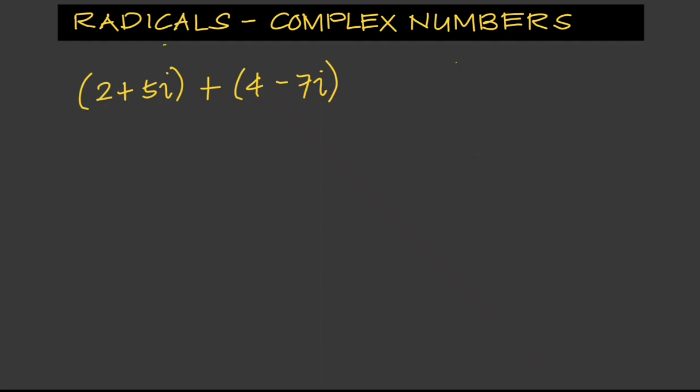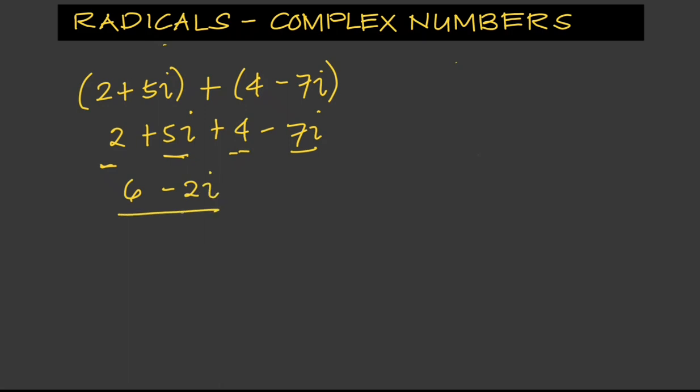We can remove the parentheses and write this as 2 + 5i + 4 - 7i, and then we group like terms. 5i goes with 7i, and then 2 and 4. So 2 plus 4 is 6, and 5i minus 7i is negative 2i. So the solution to that problem is 6 - 2i.